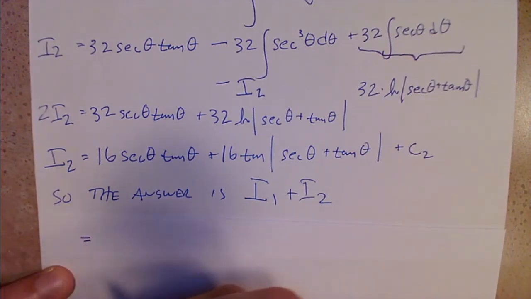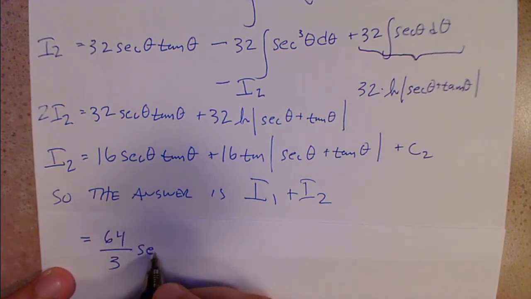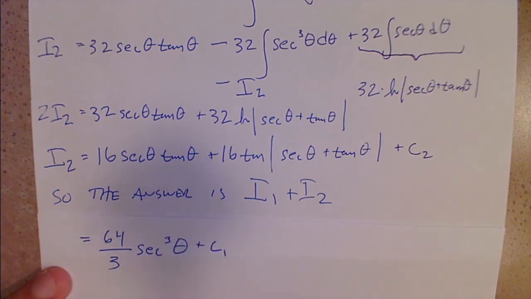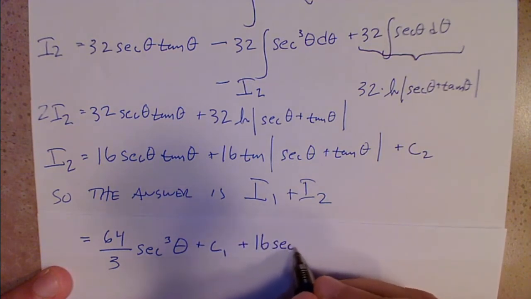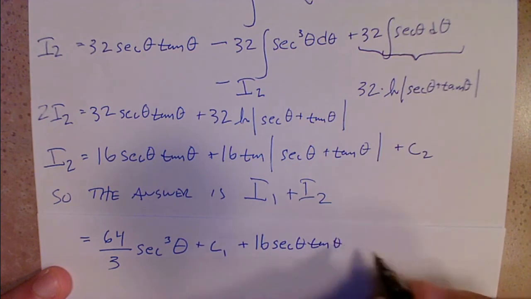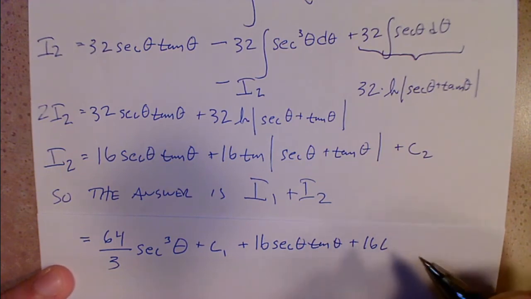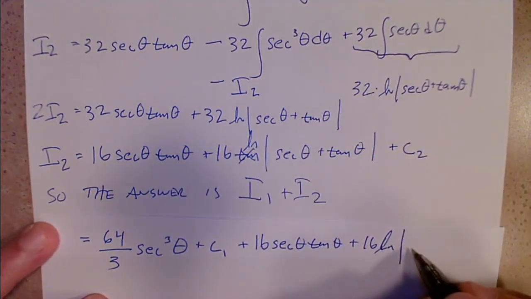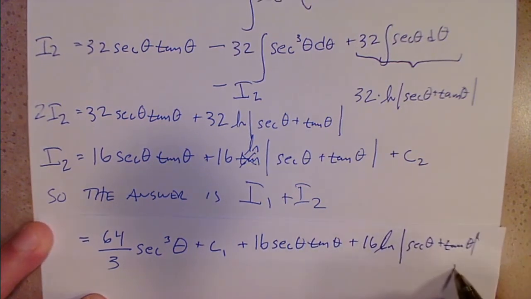That is equal to, we solved I1 up above, that was 64 over 3 secant cubed theta plus C1, like that, plus 16 secant theta tangent theta plus 16, not tangent, Max, come on, natural log of secant theta plus tangent theta. I just love these trig functions so much, plus C2.